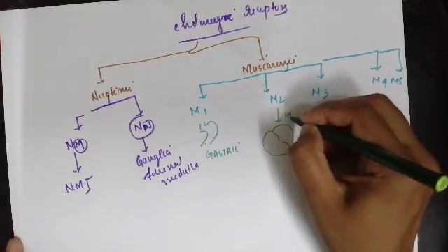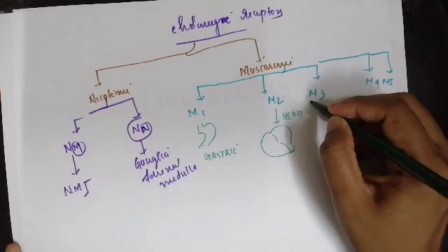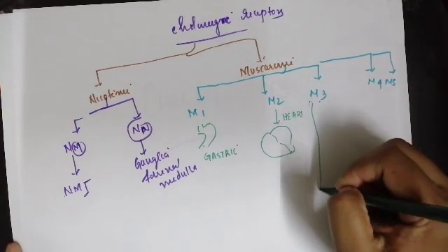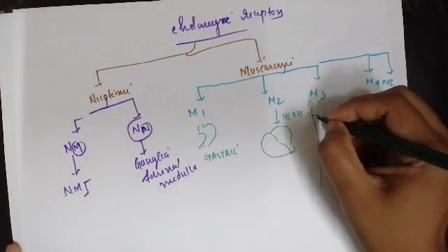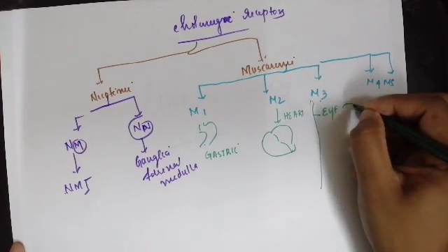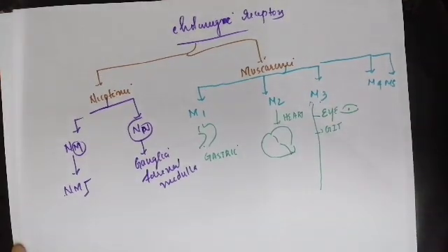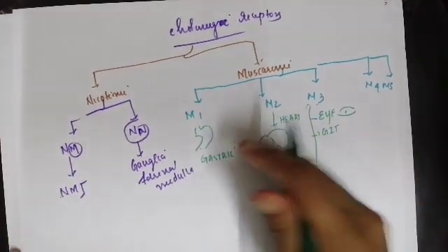M3 is present in various organs. First of all, it is present in the eye. It is also present in the GIT smooth muscles.